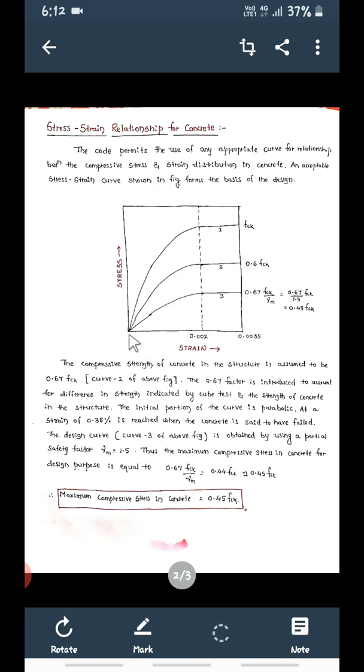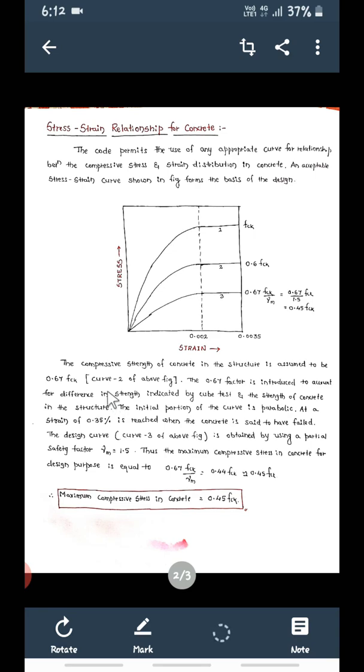Now see, if you draw the stress strain diagram for the concrete, we are going to get curves like this. This is the first curve, this is the second curve, and this is the third curve. First we are going to get only this one, then we are going to convert this curve into the second and third.